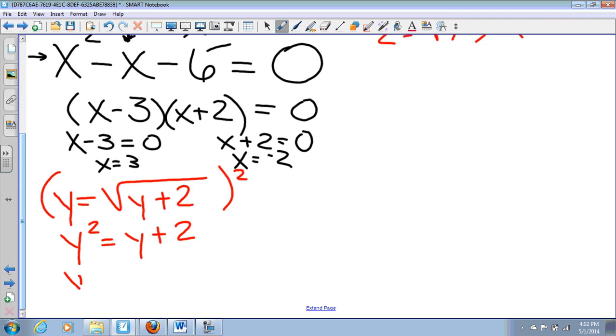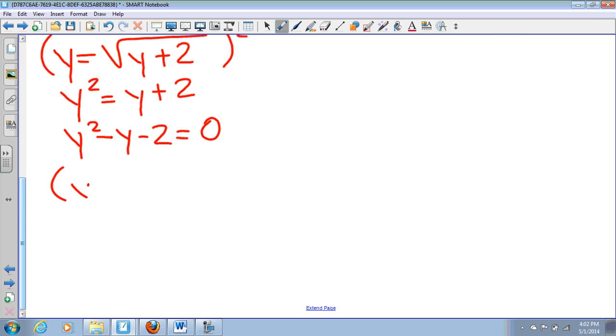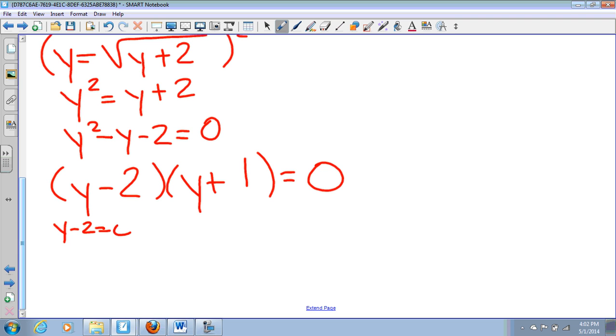Bring them over. y squared minus y minus 2 equals 0. Double bubbles. y minus, y plus. y minus 2, y plus 1. So here, y minus 2 equals 0, y equals 2. Here, y plus 1 equals 0, y equals negative 1.